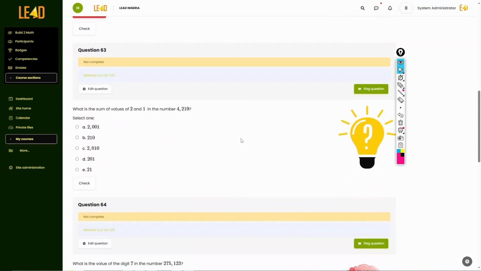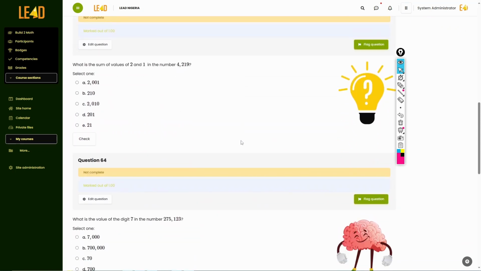All right, 63. What is the sum of the values of 2 and 1? Okay, so we have 4219, and we are being asked to find the sum of the values of 2 and 1 in 4219. How we get the value of the number is that we turn everything else to 0.